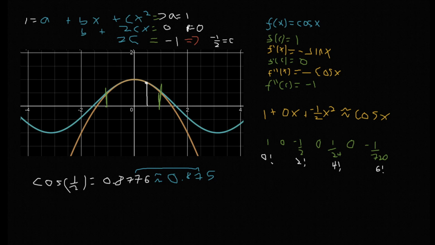And so we can approximate cosine x with this pattern. We could say cosine x, and we could take this out forever. As we take the infinite sum of these, we would get the exact value for cosine x.